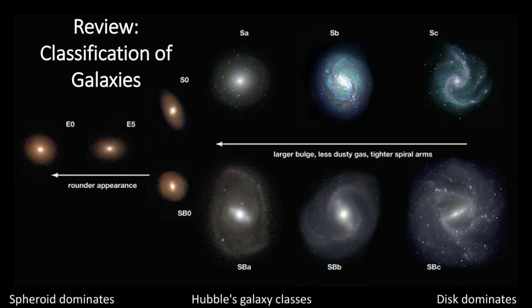And then there are elliptical galaxies, which just have the central bulge and no spiral arms. And then there's also the irregular galaxies, which are kind of in between the spiral and the elliptical. And we said that a lot of the elliptical and irregular galaxies are coming from the mergers of these spiral galaxies.